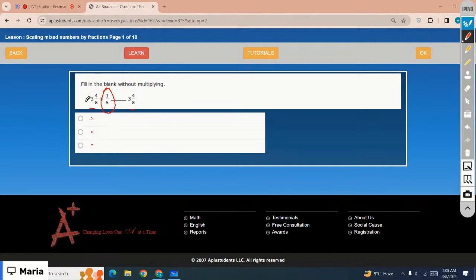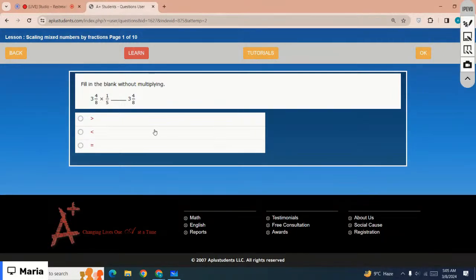So you're multiplying 3 whole 4 by 8 times 1 by 5. That makes it less, right? So 3 whole 4 over 8 times 1 over 5 is then less than 3 whole 4 over 8. Got it? The correct option is less than.